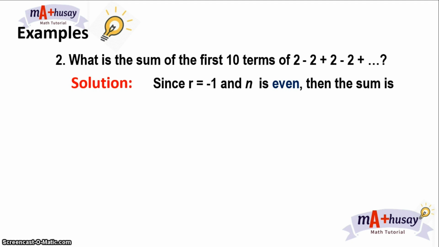We're talking about 10 terms, and n is even. So the sum is automatically equal to 0. That's because your common ratio is negative 1 and the number of terms that we're talking about is even.